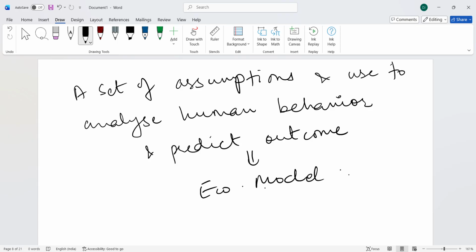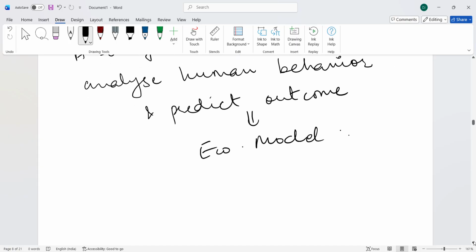So there's a complex world, right? We cannot understand the complex world like this. So we actually simplify the complex world by taking a set of assumptions. And then with that set of assumptions, we make a model and use that model to analyze human behavior and predict outcomes. That's what we term as an economic model.